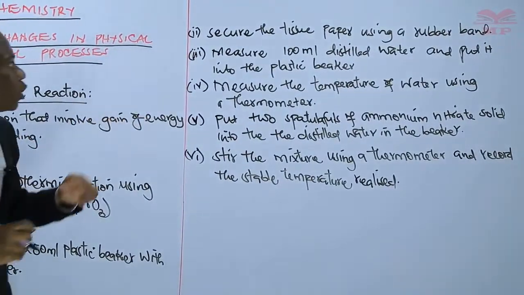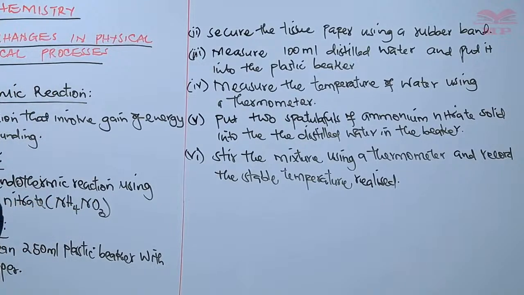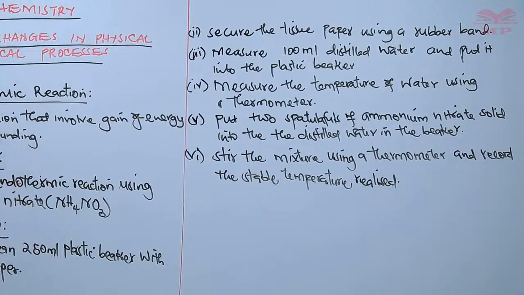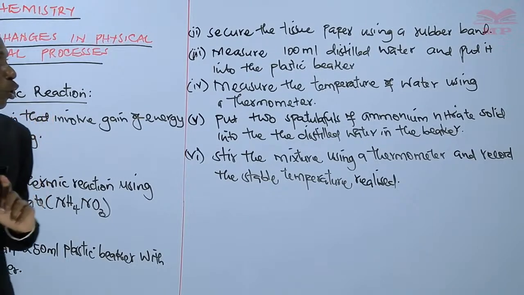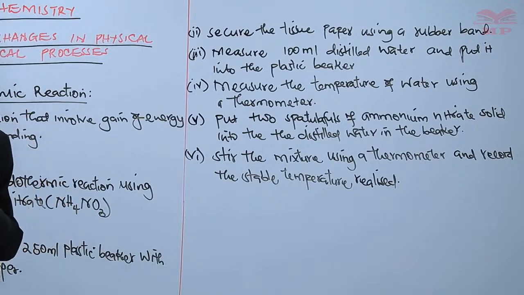Then procedure 3, you need to measure 100 ml distilled water and put it into your plastic beaker. Procedure 4, you measure the temperature of that water first, using a thermometer.